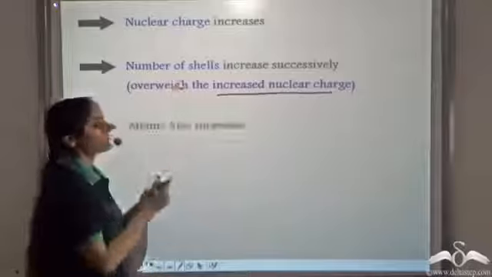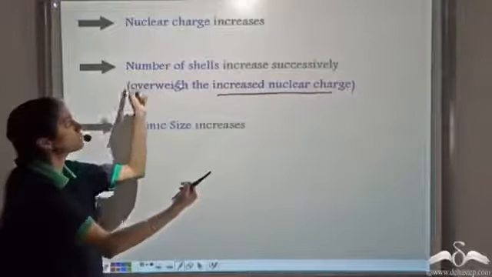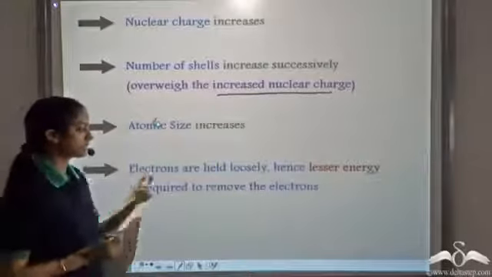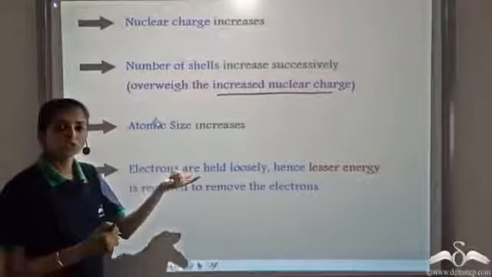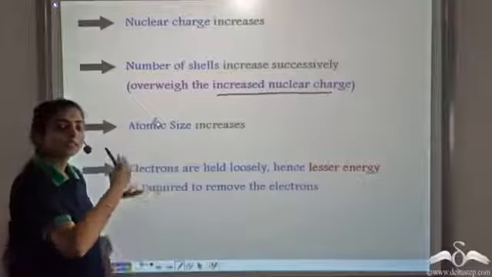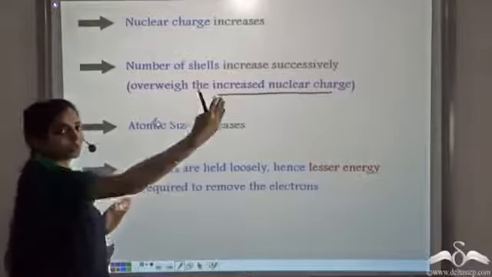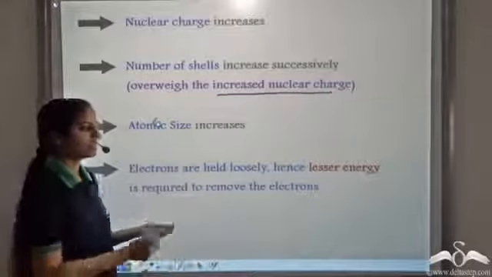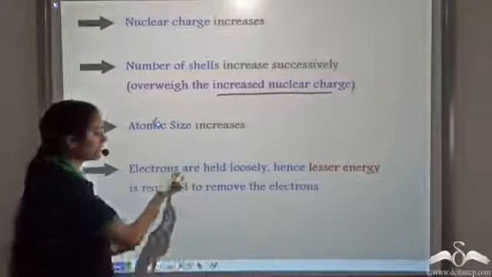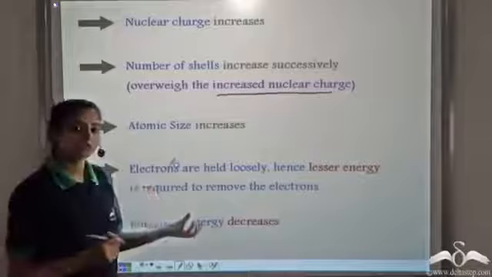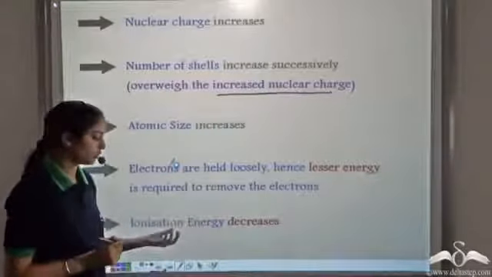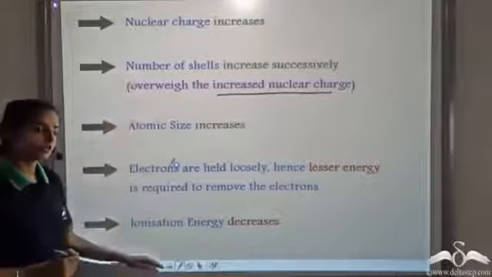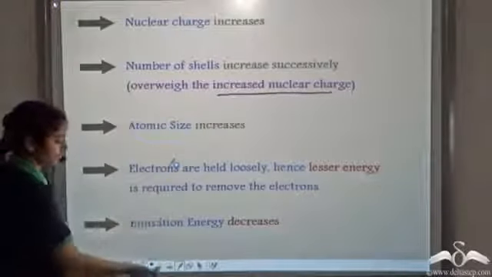So in effect, the atomic size increases due to the increase in the number of shells. As the atomic size increases, electrons in the outermost shell are held loosely, since the effect of the nucleus on the outermost shell decreases. So to remove the electrons becomes easier, and we have to provide lesser energy. As lesser energy is required to remove the electrons, the ionization energy on moving from top to bottom in a group decreases.